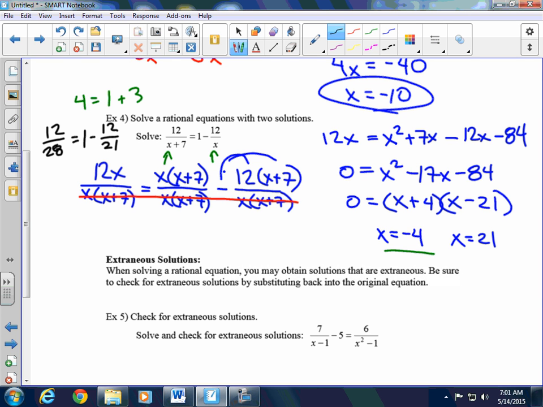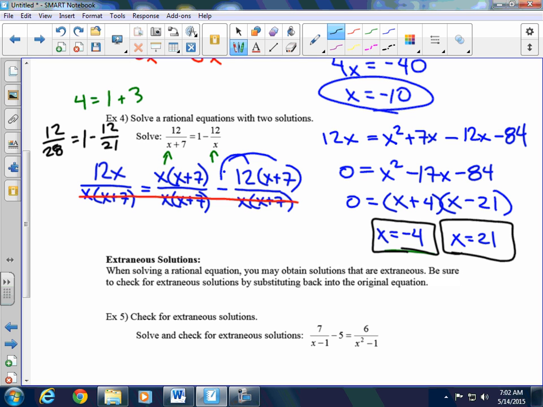And so if we put those on our calculator, you can get a common denominator if you want, but if we type it in on our calculator, 12 21sts is 0.57, so we're going to go 1 minus 0.57. It's about 0.43, and 12 divided by 28 is about 0.43, so that one works as well. So both of these are, in fact, solutions to that problem.